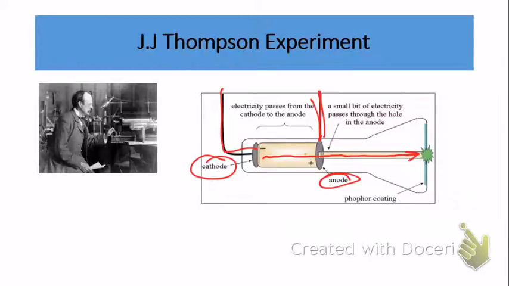And that ray is going to hit a screen. There's a screen here. And that ray will hit there and create an image on that screen, okay? But again, this ray here that we see is green, and is called a cathode ray.